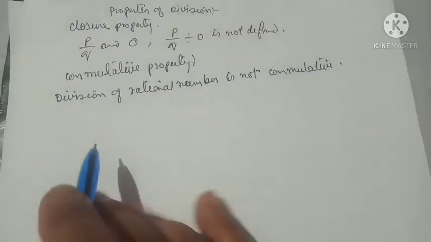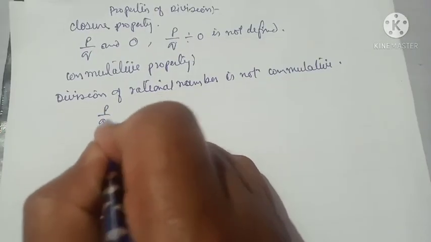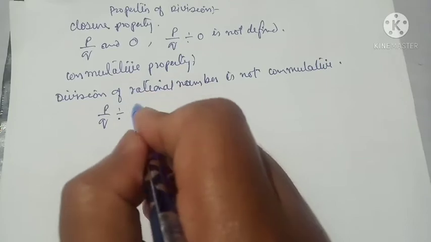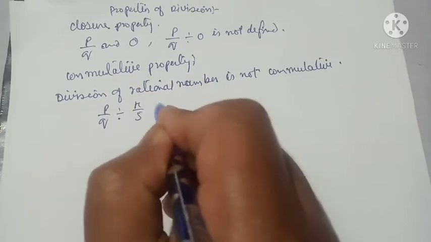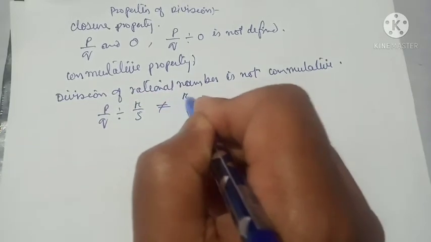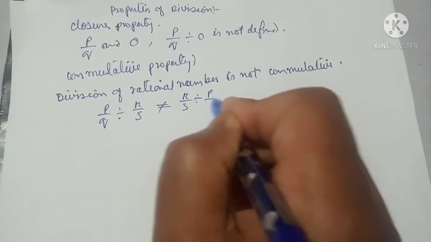It means that p by q divided by r by s is not equal to r by s divided by p by q. Understand?